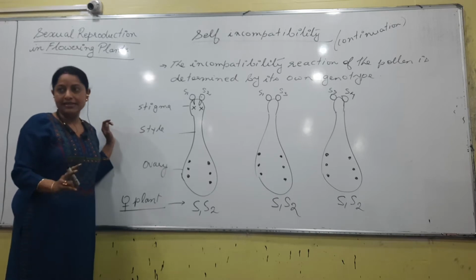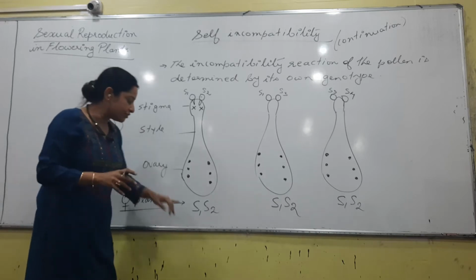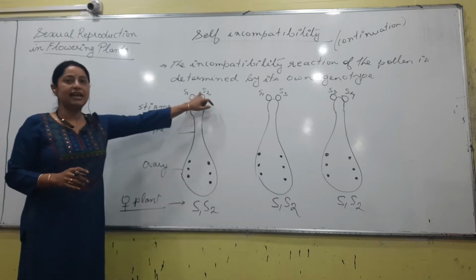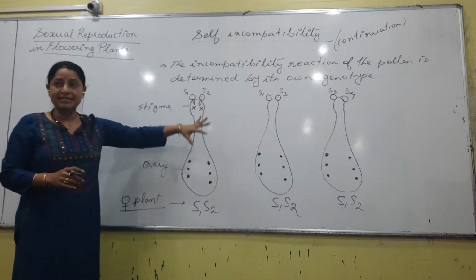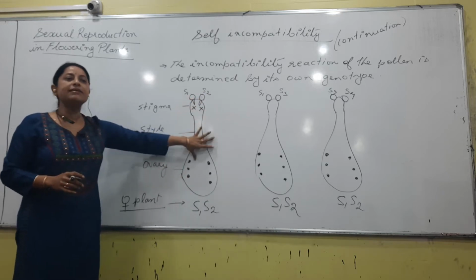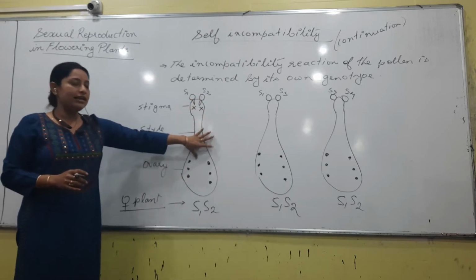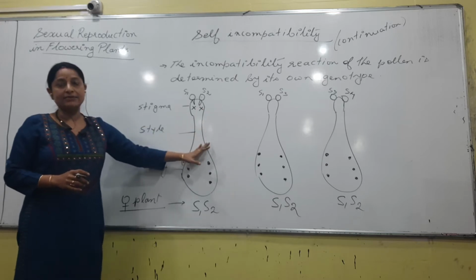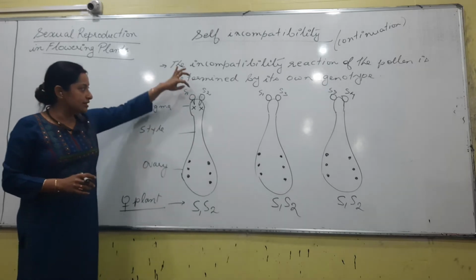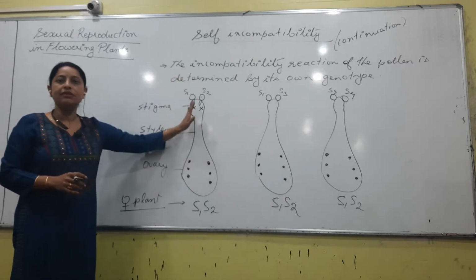We are taking a plant. Here, the plant's genome structure is denoted as S1, S2. Pollen grains have also been denoted as S1, S2. What does it tell us? It tells us that these pollen grains are from the same plant. And we know that if you are talking about incompatibility, pollen grains of the same plant fail to fertilize. So since the plant is the same, they will not fertilize.